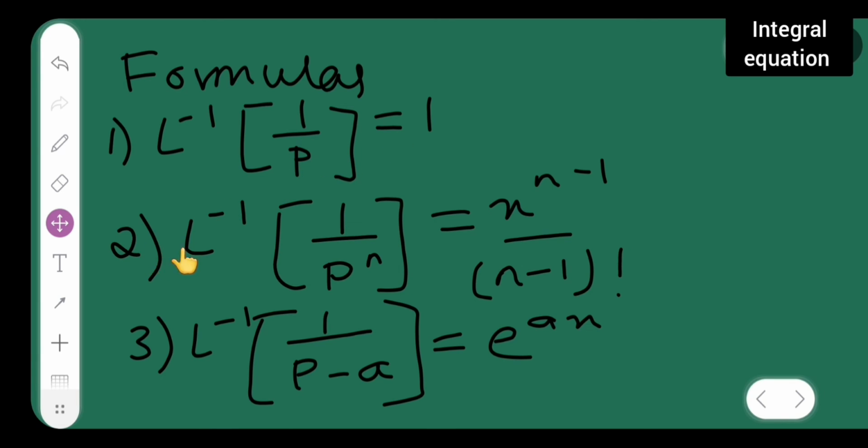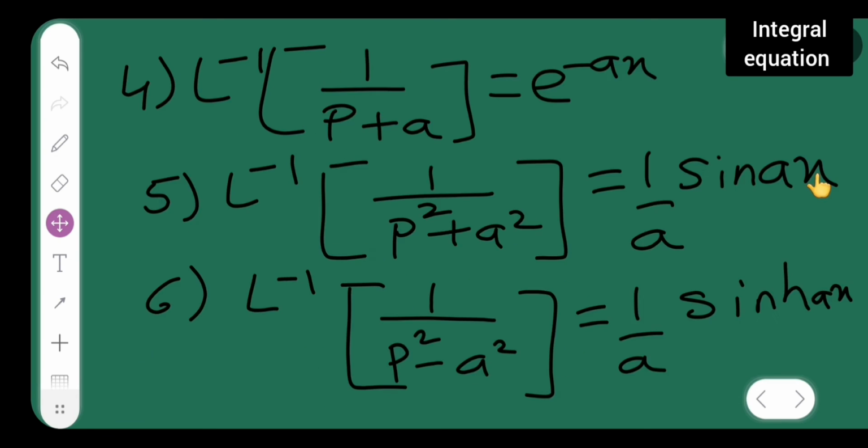Second formula is L inverse of 1 upon p raised to power n is equal to x raised to power n minus 1 upon n minus 1 factorial. Third is Laplace inverse of 1 upon p minus a is equal to e raised to power ax. Next, fourth one is Laplace inverse of 1 upon p plus a is equal to e raised to power minus ax.